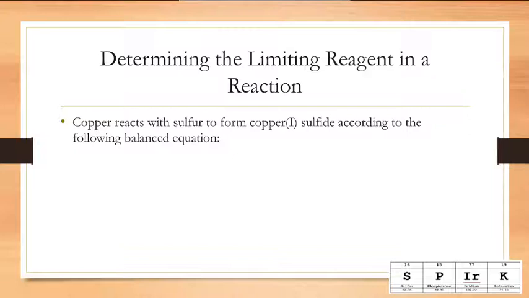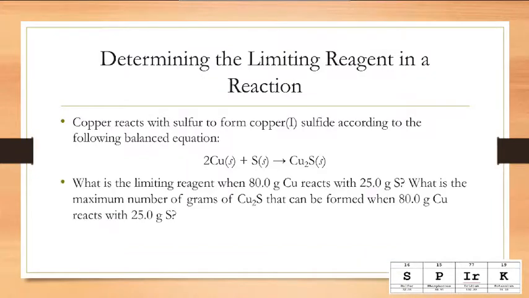So we can determine the limiting reagent in a reaction. So if we have copper reacting with sulfur to form copper(I) sulfide, according to the following balanced equation, we have 2 moles of copper plus 1 mole of sulfur yields 1 mole of copper(I) sulfide. So a typical question for us is going to look like this.